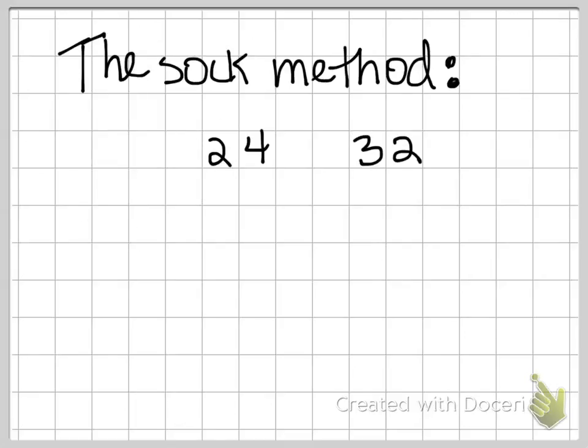The strategy that the kids have been taught in class is called the sock method. What you do is you have a pair of numbers and you're being asked to calculate the GCF or the LCM. This strategy does both at the same time, which is really cool. So first of all, write these numbers like this, and then you're going to ask yourself, is there a factor that both numbers share?